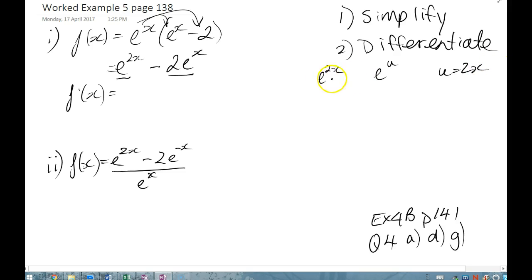Okay, so when we go ahead and do this, we can find dy du. So when I differentiate this term, remember, you just still get the same thing, e to the u. And you have to differentiate what's in the index, that 2x, and you get du dx, whoops, not dy, du dx will equal 2.